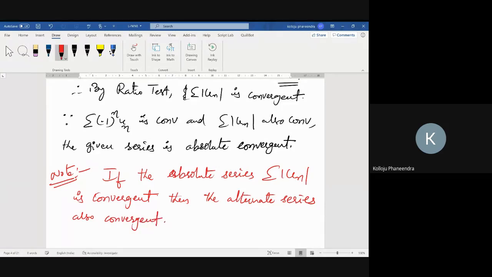This is one more property. So obviously, this is absolute convergent. What is the condition? If the positive term series is convergent, then the alternate series is also convergent. And based on this, let us see some problems.